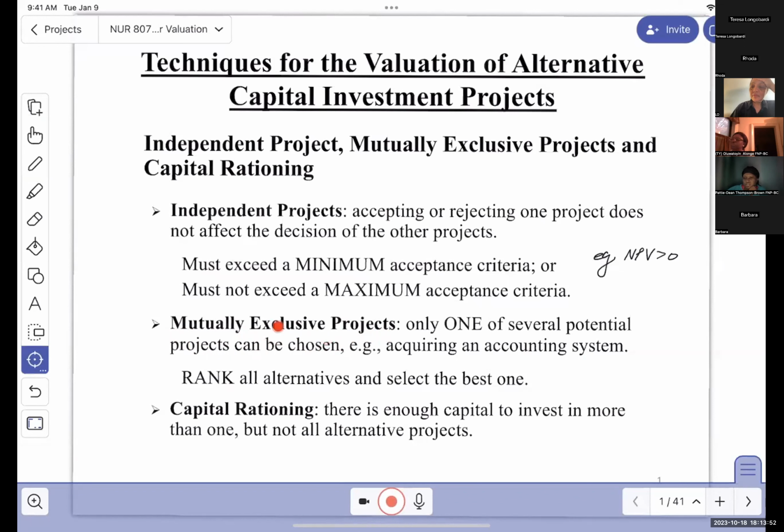Like you have alternative vendors of accounting systems and you have to choose which one is the best. So with the NPV, how do you think you would do that? Which one would be the best one?